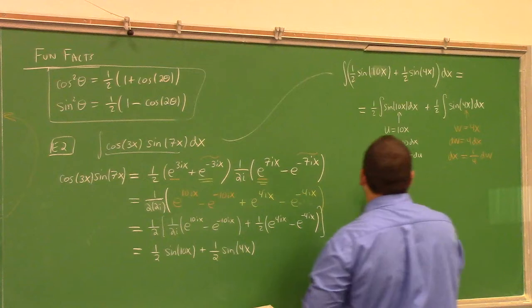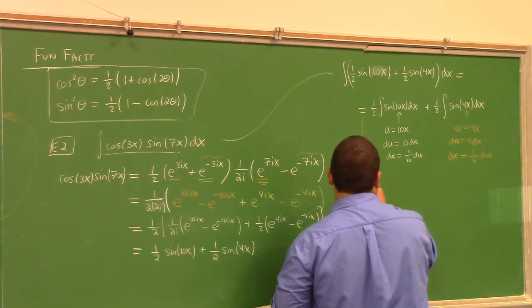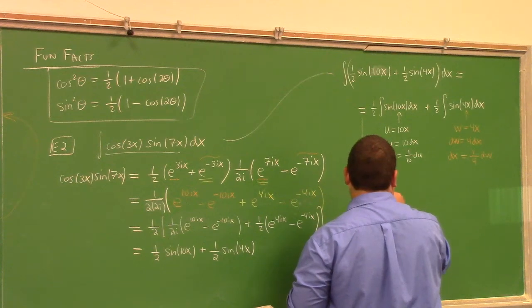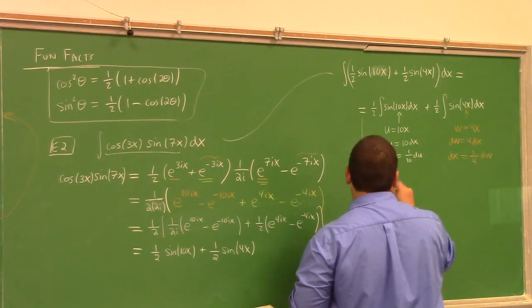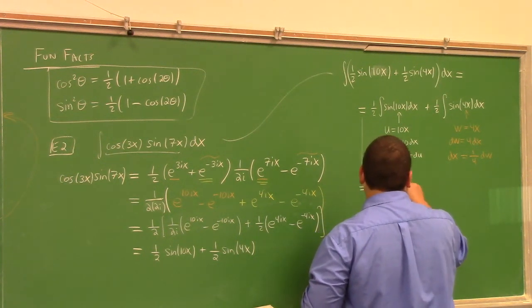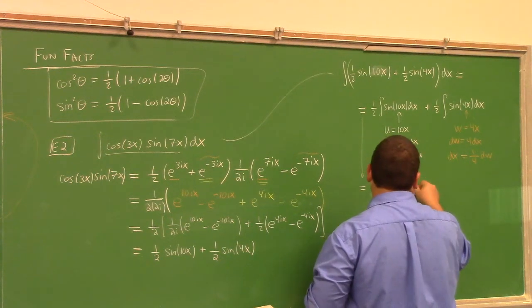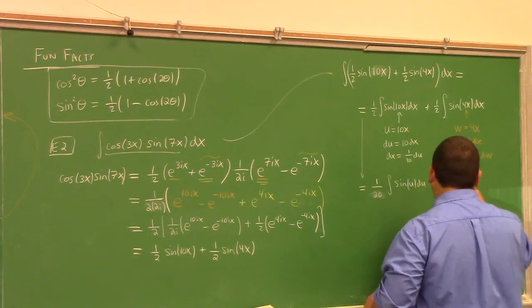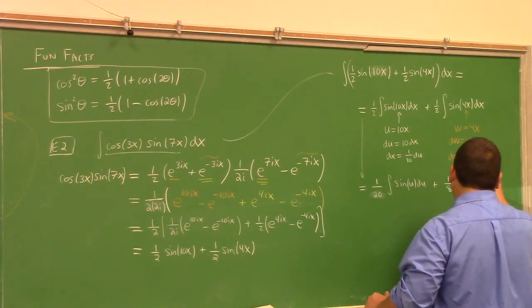So with these 2 substitutions in mind, we have 1/20th the integral of the sine of u du plus 1/8 the integral of the sine of w dw.